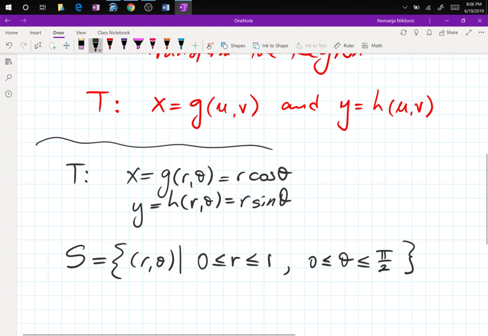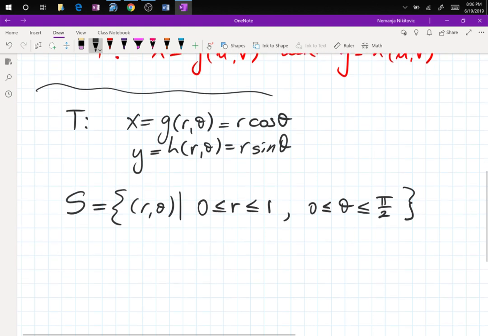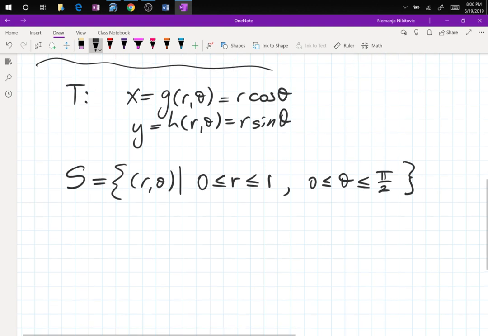So this is your region. Now, I want to transform. This region that is given to you over here is actually a rectangle. And then when we do the transformation, it will turn into what you actually want it to be, which is a quarter of a circle.